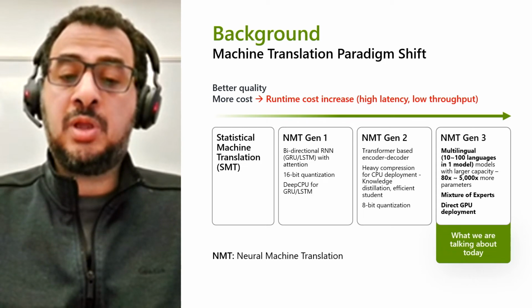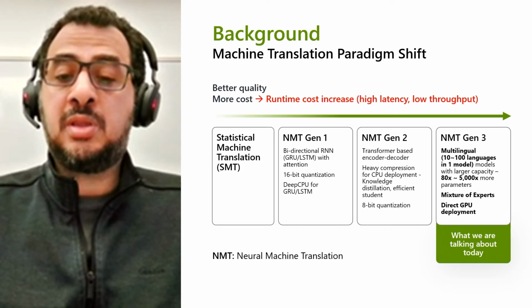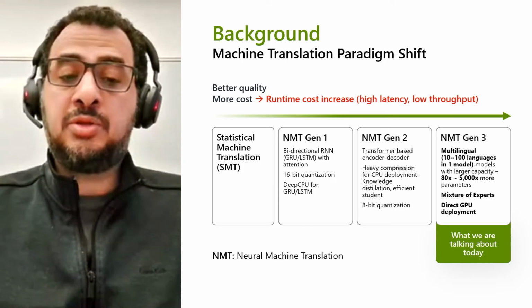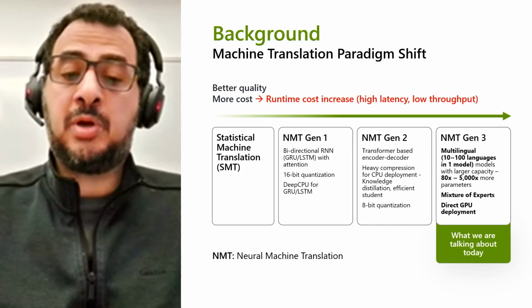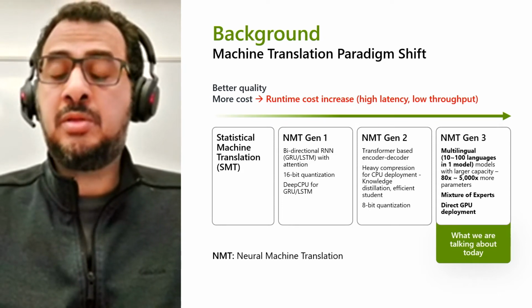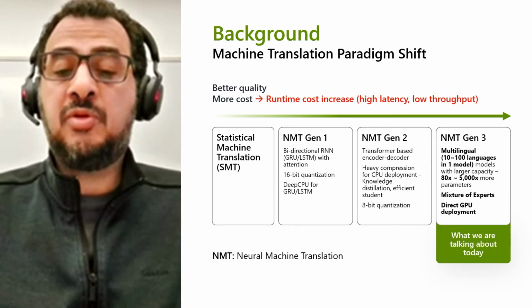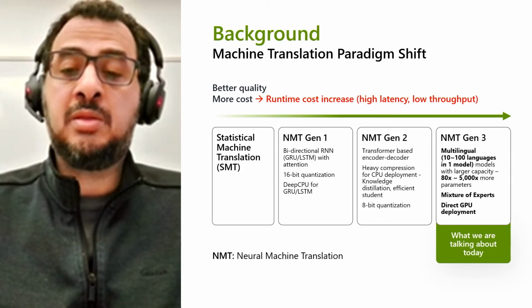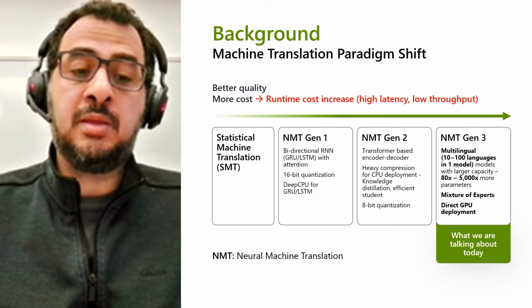This limits our modeling capabilities, and we cannot have a small model that supports multiple languages at the same time. In that third generation that we are enabling today, we can train very large, yet sparse models. Each one of them can replace tens or hundreds, up to 100 models from the second generation. And those models have much larger capacity that can support multiple languages at the same time.